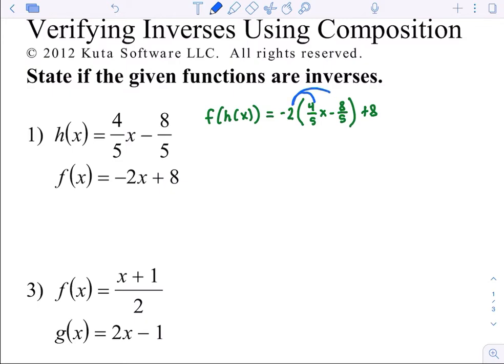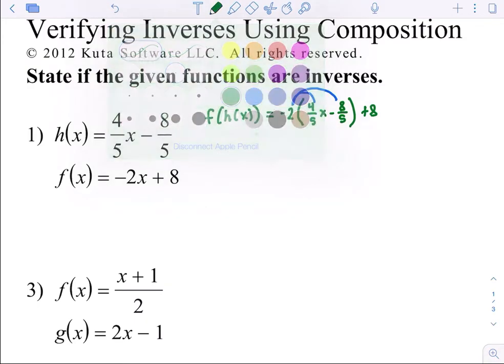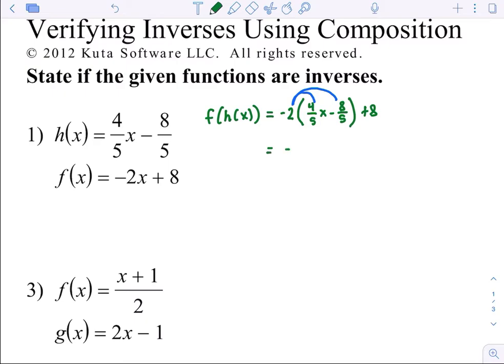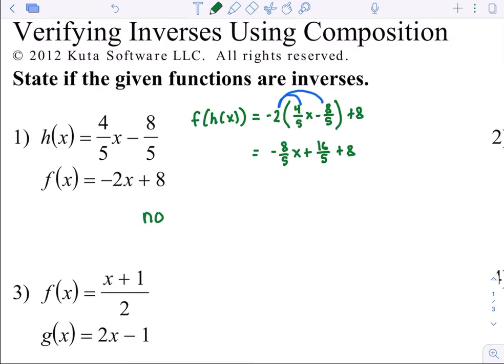We are going to be distributing, so we're going to get -8/5 x plus 16/5 plus 8. So I'm going to stop right there because I already can see from this, you guys, that you're not going to get an inverse. So this one's going to be a no.